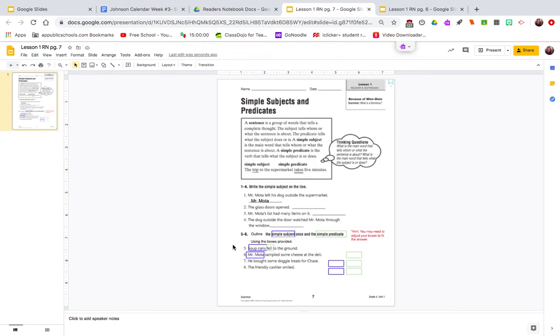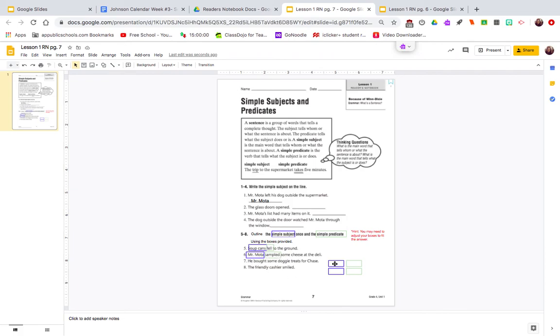Mr. Moda sampled some cheese at the deli. What did he do? Good, he sampled. Sampled means to try. It's kind of like if you go to Sam's Club. Sam's Club has little samples around that you are allowed to try. Okay, so that's what he did.